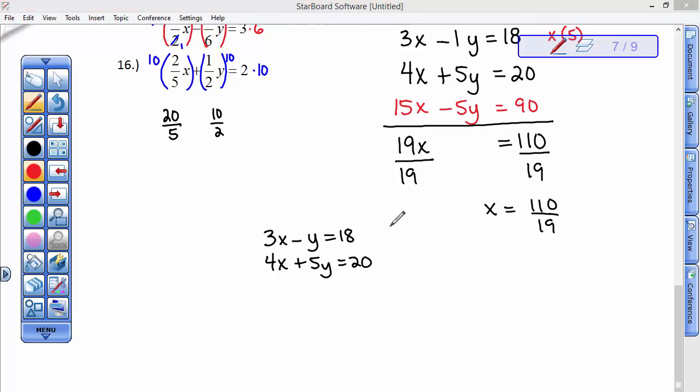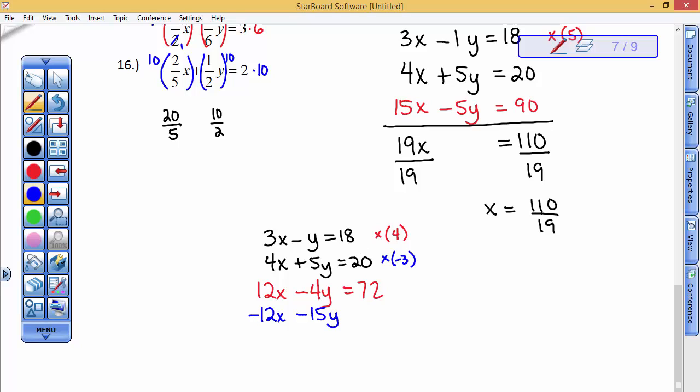So I'll multiply this equation by a 4, and then I think I'll multiply this equation by a negative 3. So the first one, when I multiply it by 4, I get 12x minus 4 times y, and 18 times 4 I believe is 72. Right here, 4 times a negative 3 is a negative 12x, 5 times a negative 3 is a minus 15y, and 20 times a negative 3 is a negative 60.